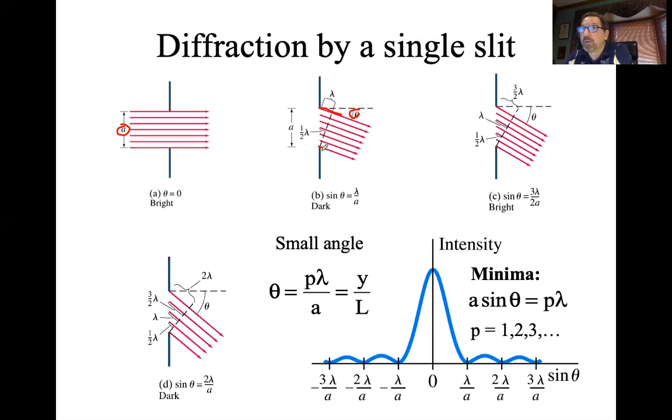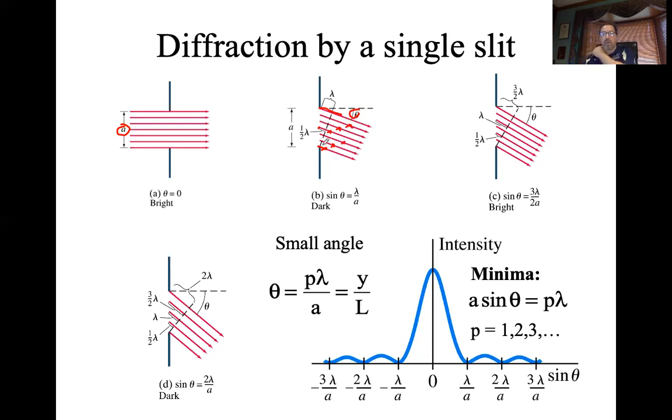And yes, it's true, they do constructively interfere, but look at every other ray. If you look at one halfway and this one down here, they travel a different distance by half a wavelength, so this one interferes destructively with that one. And that must mean that this one right here interferes destructively with that one, and this one right here interferes destructively with that one.